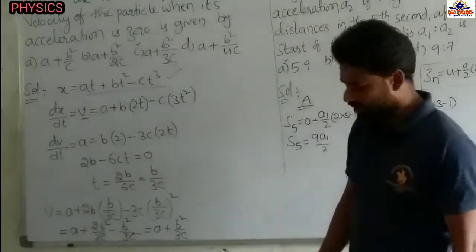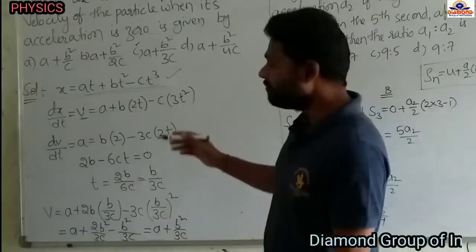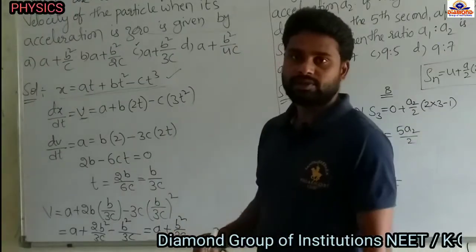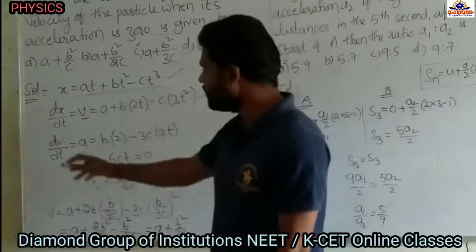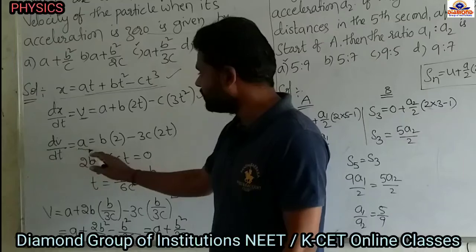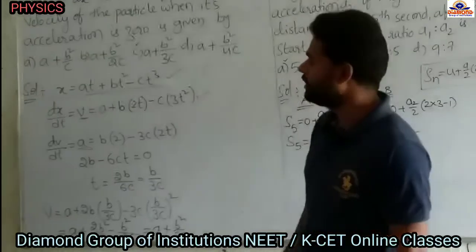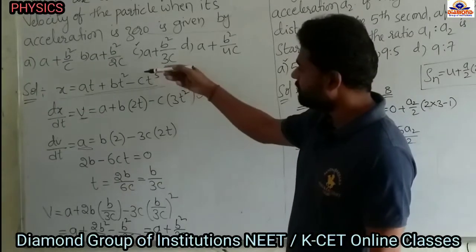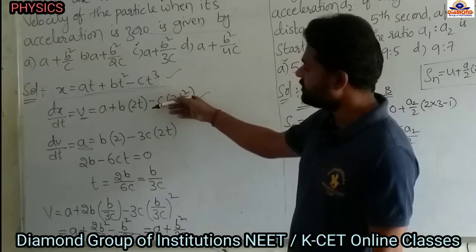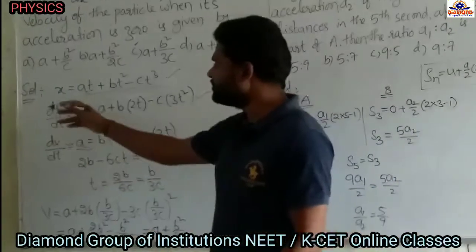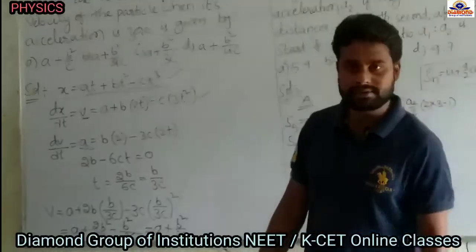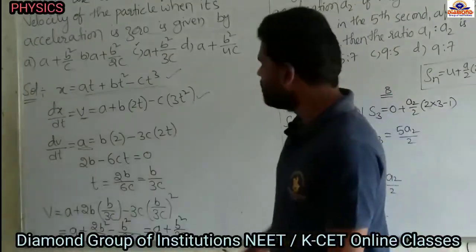Next, again we have to differentiate this velocity. If we differentiate the velocity with respect to time, we will get the acceleration. Otherwise, double differentiation of the displacement will give the acceleration. Both are the same.